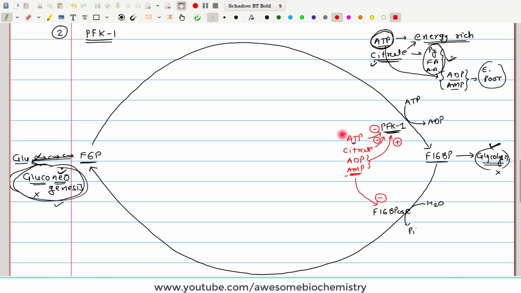Now, apart from these four molecules, there is a fifth molecule which is a very important regulator of both phosphofructokinase 1 and fructose 1,6-bisphosphatase. Actually, I had kept the best molecule for last, and that is fructose 2,6-bisphosphate.